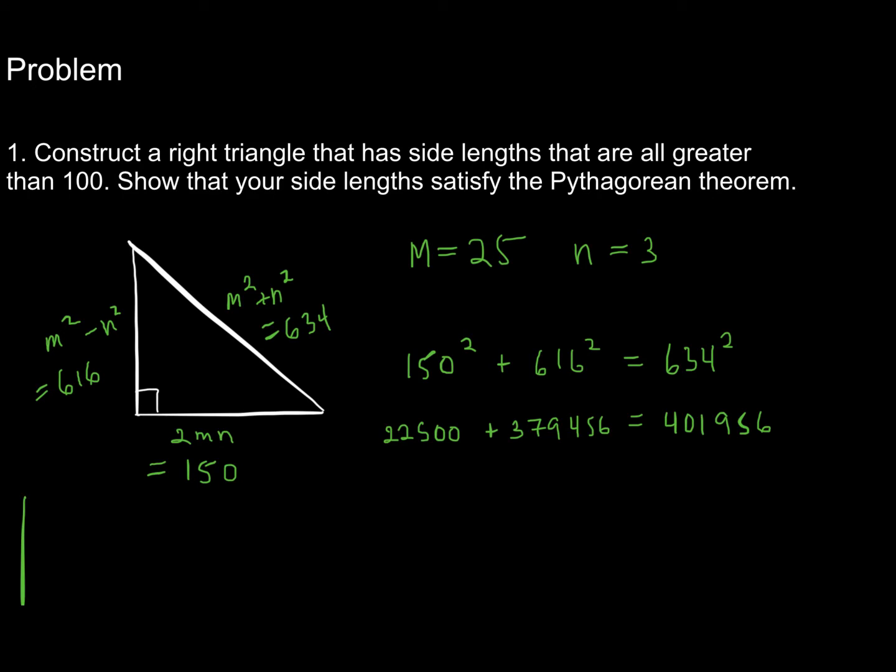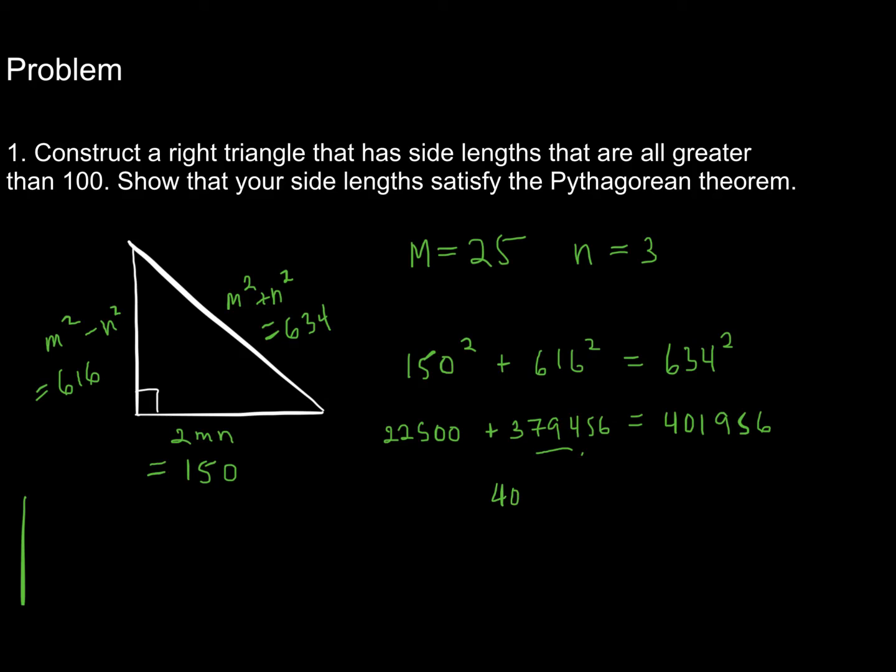And once I've calculated the squares for each of these numbers, I can see when I take 379,456 and I add 22,500, I'm going to end up with 401,956.